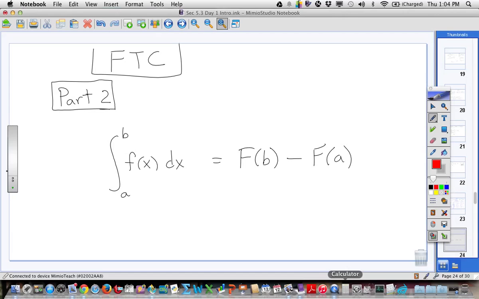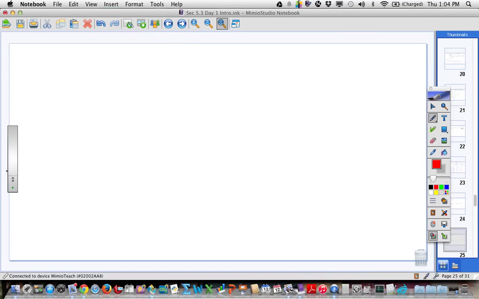Now, it's kind of cool to try that with one where we already know what the answer is. For example, if I had a line, let's say, well, the other day we did this line 3x plus 2, right? And let's say we were going to do the area from 0 to 4. That would be this to this. That's a trapezoid.